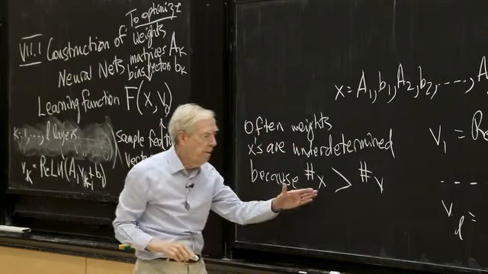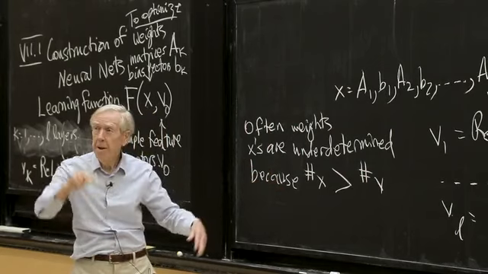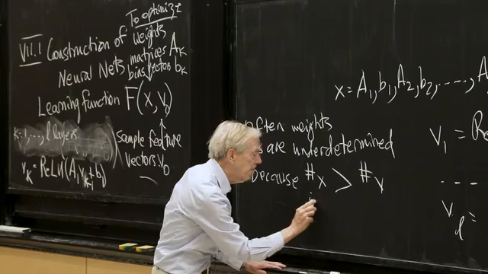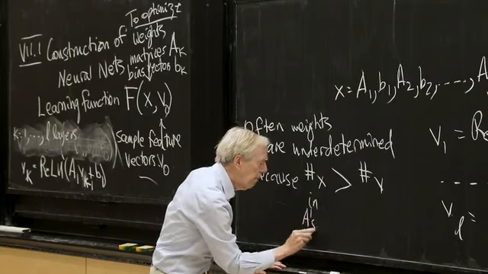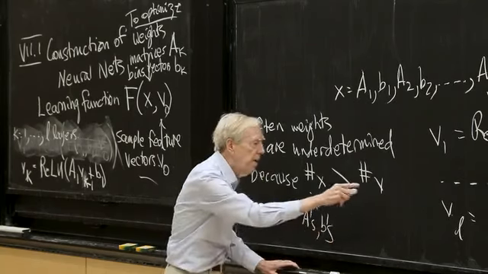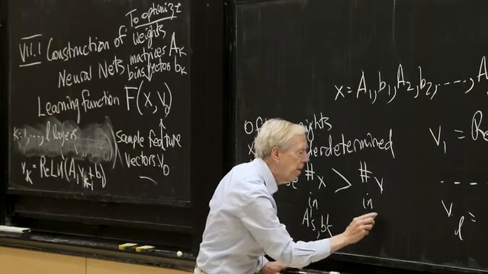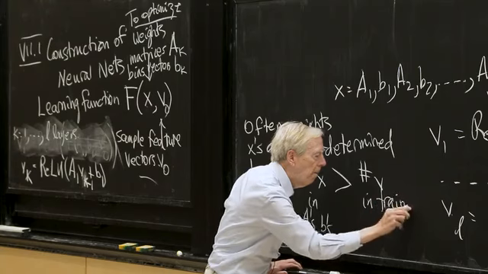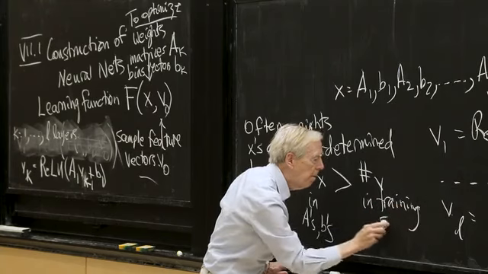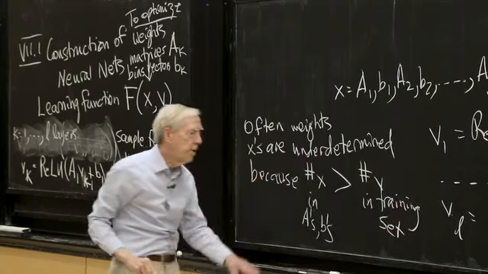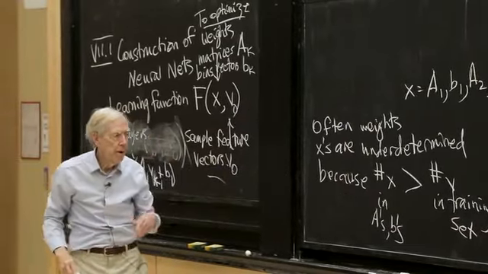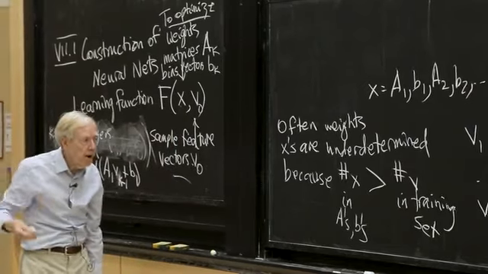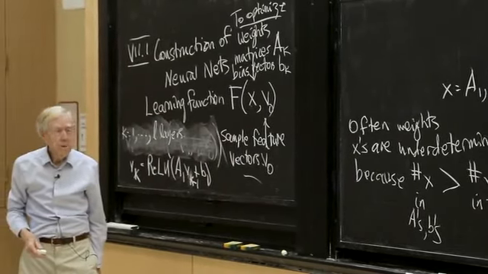The number of weights is in the A's and B's, and the V's are in the samples in the training set: the number of features of all the samples in the training set.